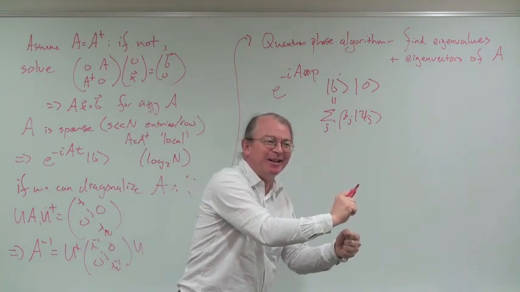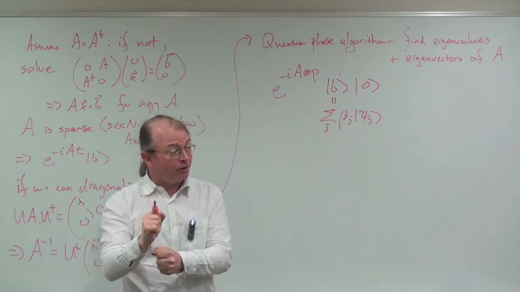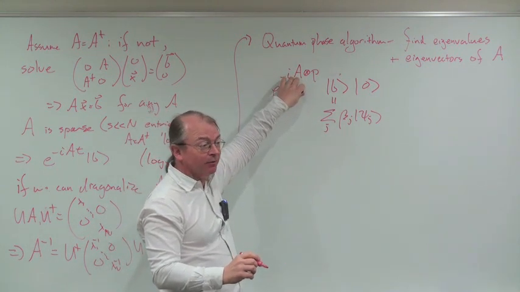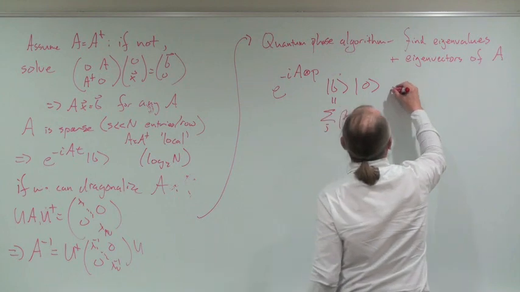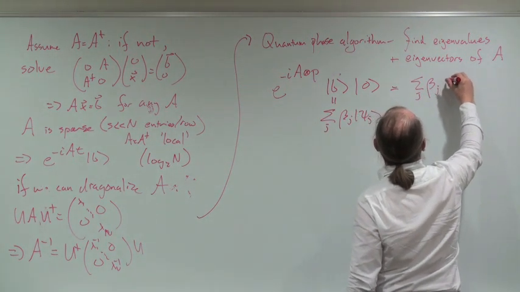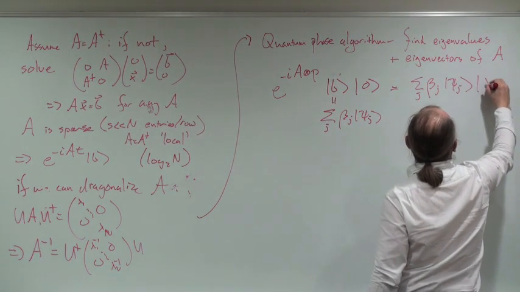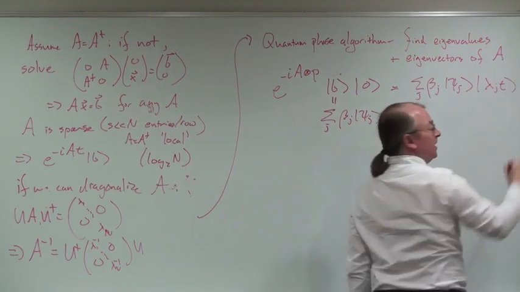Right? This is true classically. It's also true quantum mechanically. And it moves it by an amount that's proportional to the eigenvalue of A. So this is actually equal to the sum over these j, beta sub j, psi j, and then we have basically some lambda j times t.